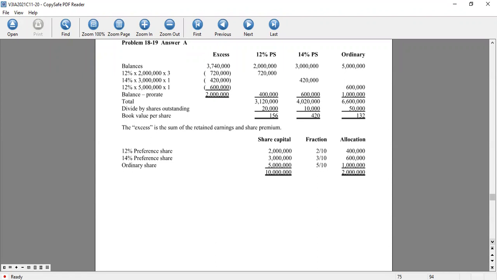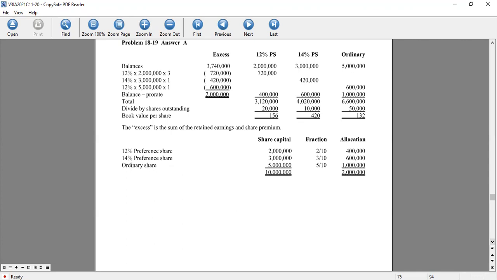So the excess is the sum of 2,240,000 and 1,500,000. First, we give 2 million times 12% times 3 years.